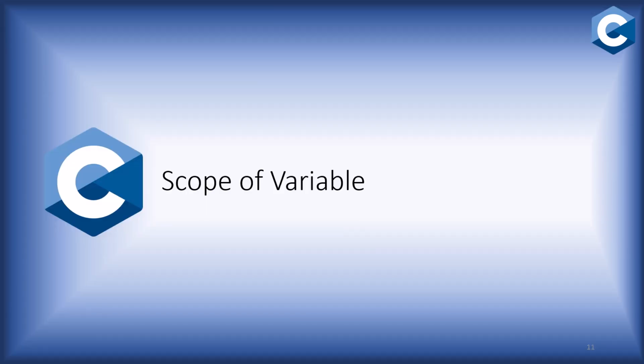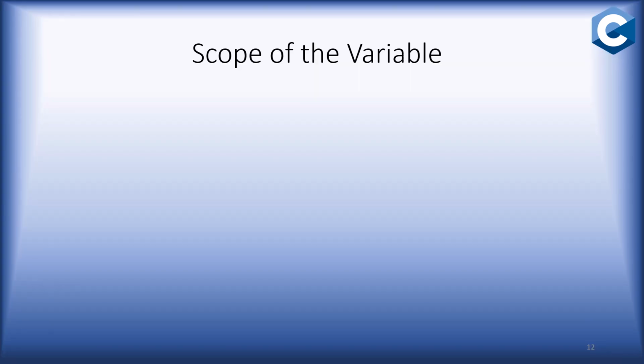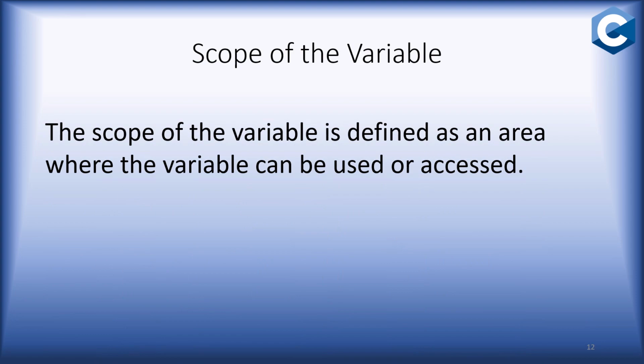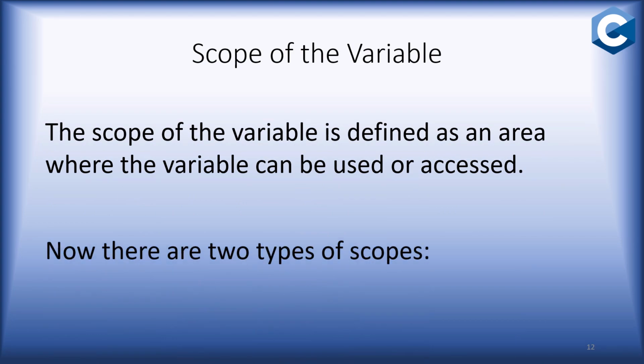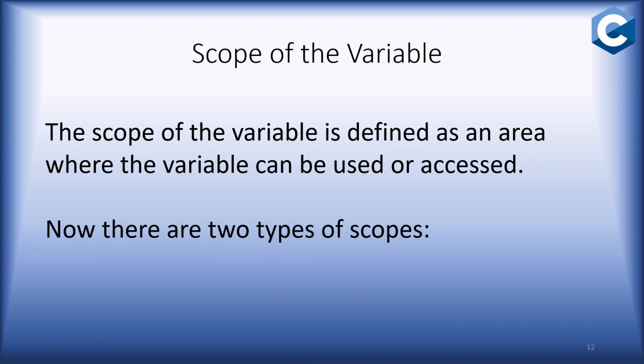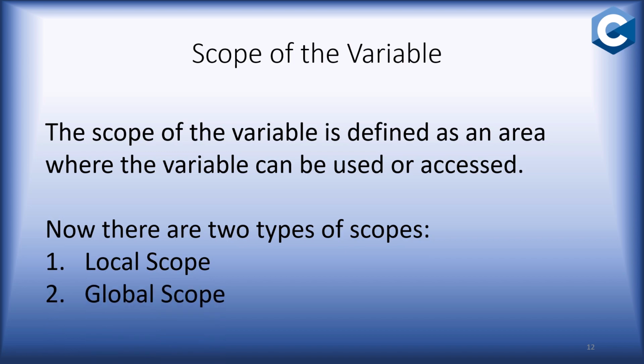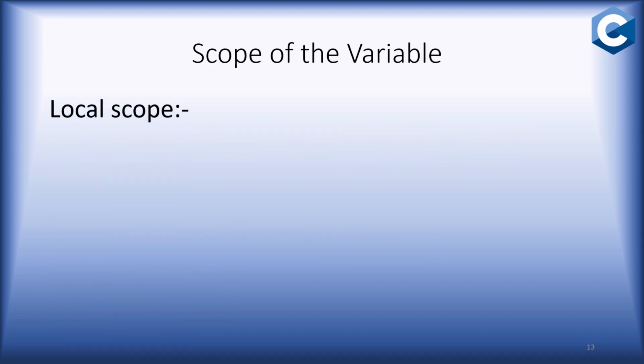Okay, now let us talk about the scope of a variable. The scope of a variable means the area or space where the variable can be used. Now there are two types of scope in all programming languages, namely local scope and global scope. First, let us talk about what a local scope is.